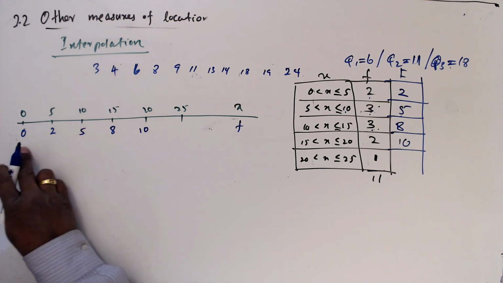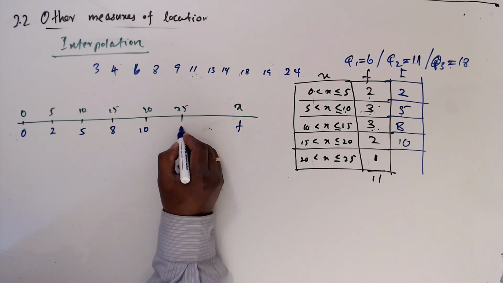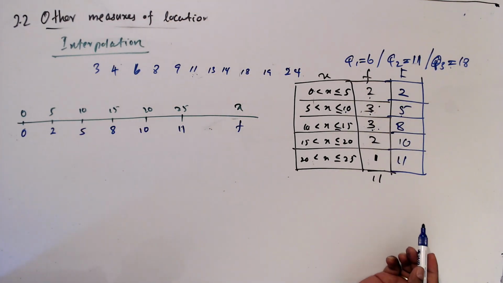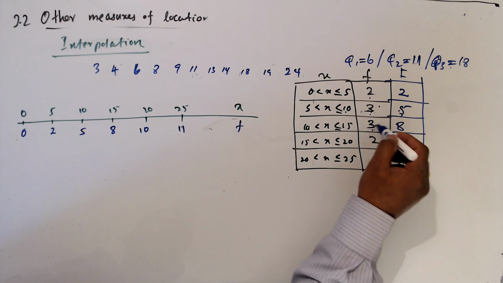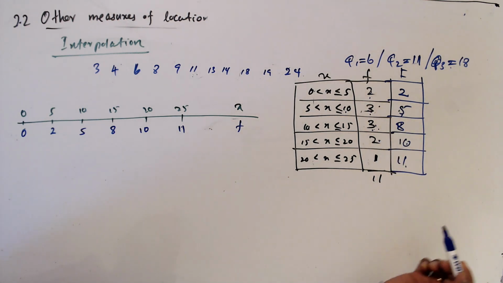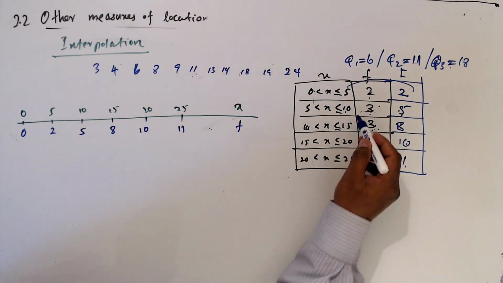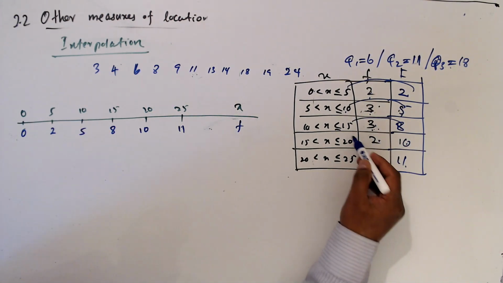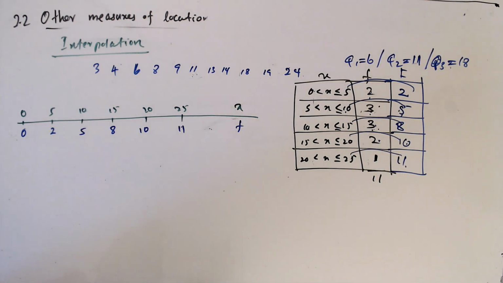And up to 25 it is 11. So this is the cumulative frequency table: 2 plus 3, 5, 5 plus 3, 8, 8 plus 2, 10, 10 plus 1, 11. So at the end of 5 you can see 2, end of 10 you can see 5, end of 15 you can see 8, end of 20 you can see 10, end of 25 you can see 11. So that's how it is.